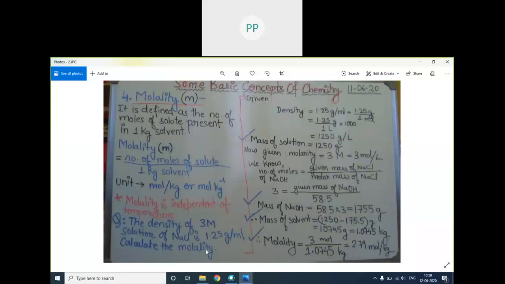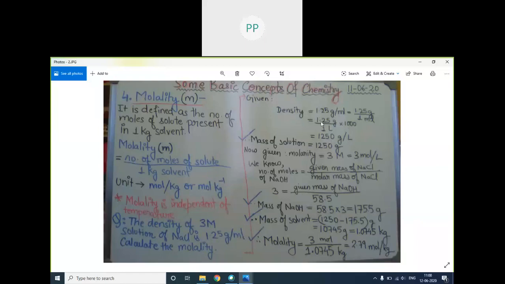Now what should we do? First of all, molarity is given, or you can first solve for density. Density of the solution is 1.25 gram per milliliter. As we know, we are solving the problem on a liter basis because in the denominator we have liter for molarity. So first of all I am converting density into gram per liter.